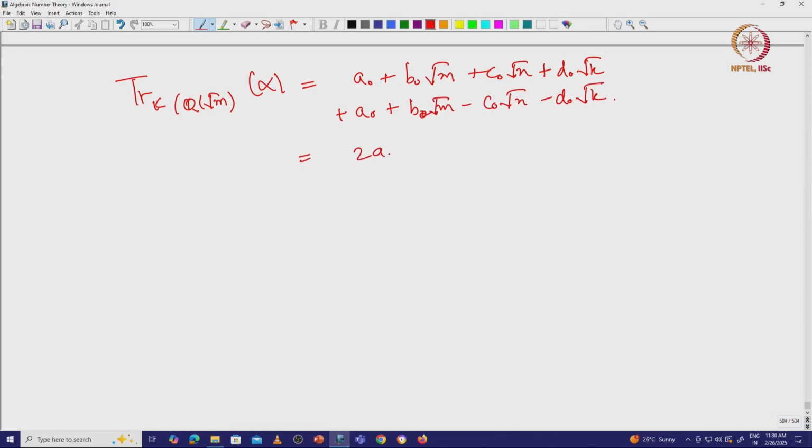So, this is 2 times a0 plus 2 times b0 square root of m, and this should be in O of Q(square root of m), which is equal to Z[square root of m], because m is 3 mod 4. So, this implies that 2a0 is in Z, 2b0 is in Z.